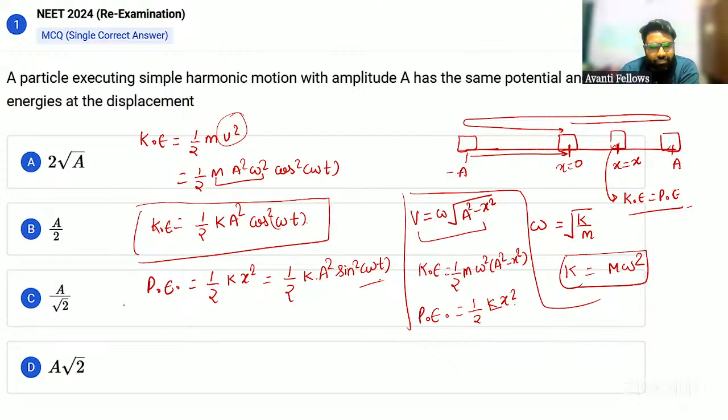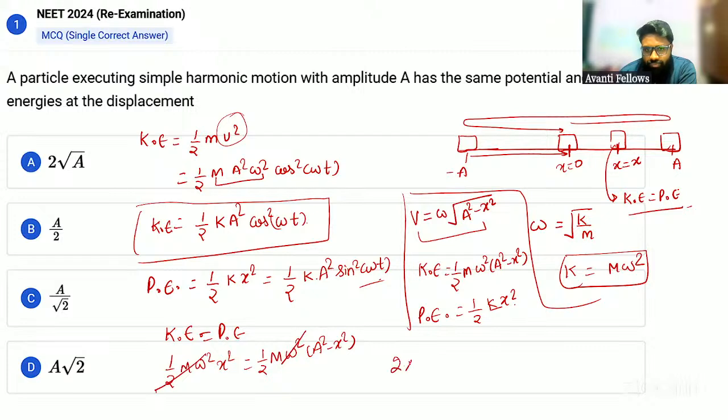We have to find out the displacement at which kinetic energy equals potential energy. So kinetic equals potential: 1 by 2 k x square, and the value of k is m omega square, so 1 by 2 m omega square x square is equal to kinetic energy, 1 by 2 m omega square into a square minus x square. Okay. M omega square by 2 cancels out from both sides.